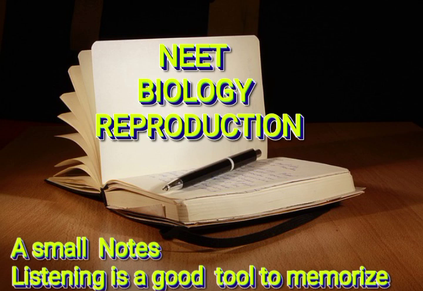A microsporangium is generally surrounded by four wall layers: the epidermis, endothecium, middle layers, and tapetum. The outer three wall layers perform the function of protection and help in dehiscence of the anther to release the pollen.